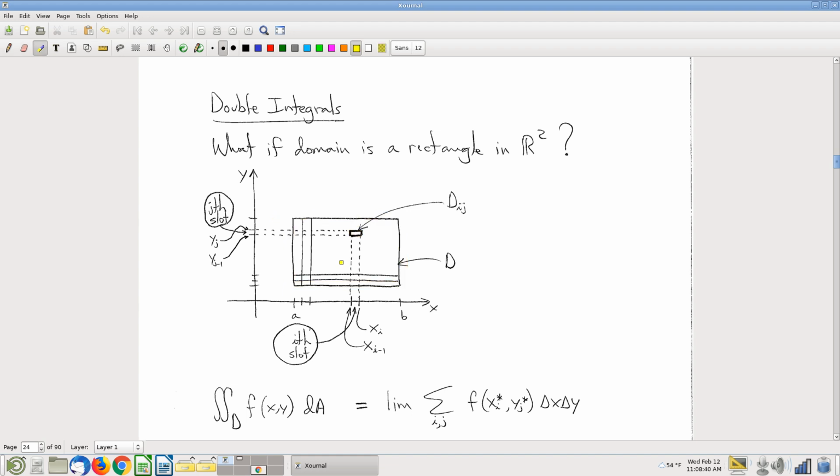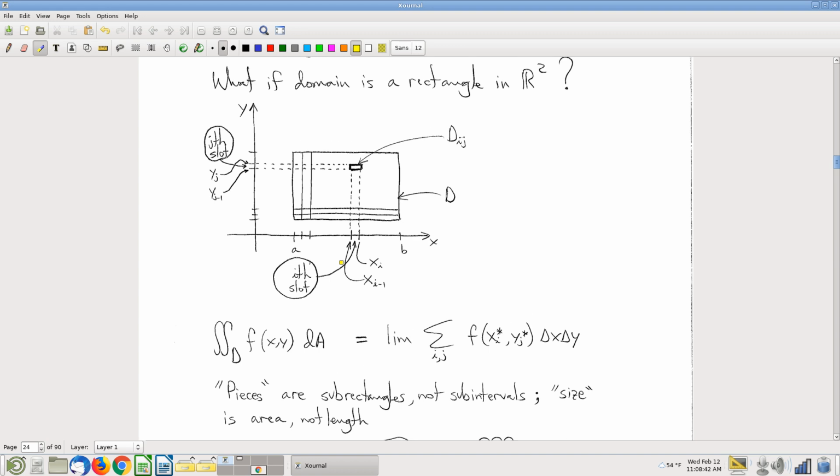Okay, so the only thing I have to adapt is, what does size mean? This is a little piece of the plane. What is the size of a little piece of area? Well, area, right? It's right there in the name of it. Area is how we describe size in the plane. Other than that, everything else is the same.